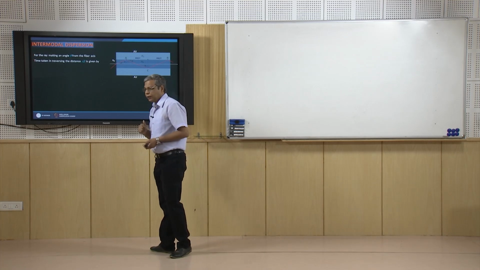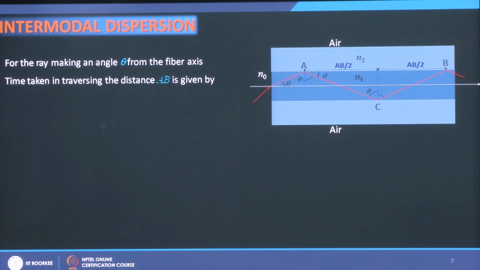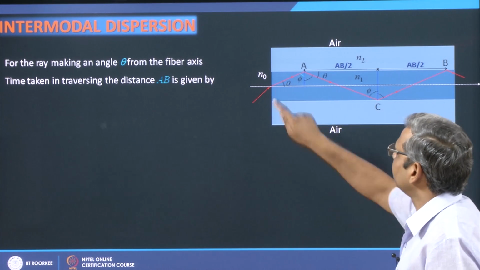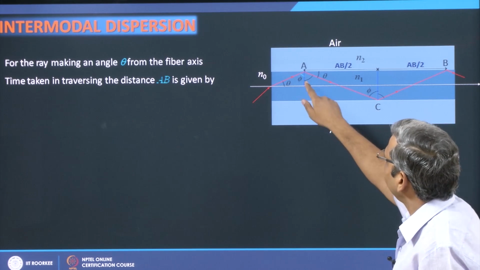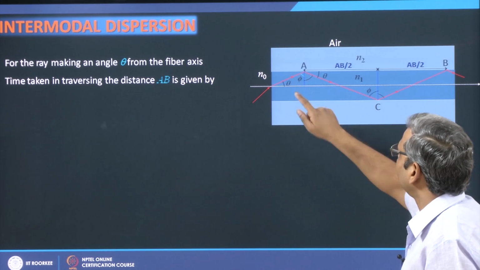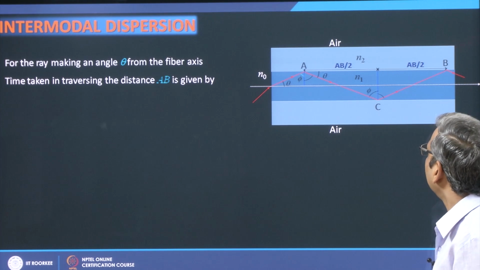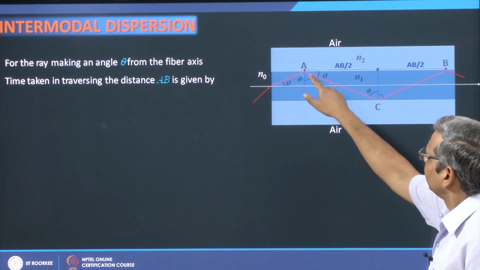So, in order to find out the expression for broadening, let me consider a ray which makes an angle theta from the fiber axis, and correspondingly it makes an angle phi from the normal to the core-cladding interface, and this ray goes like this.